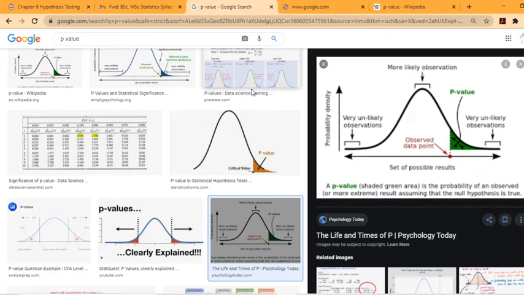In this curve you can see that the standard normal curve is symmetric and bell shaped, and its center value will be the mean mu, and the two extremes are minus infinity and infinity.